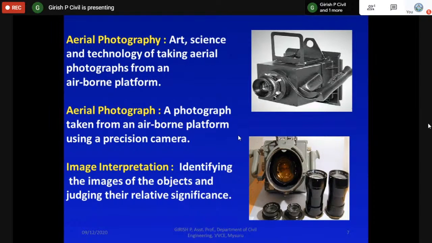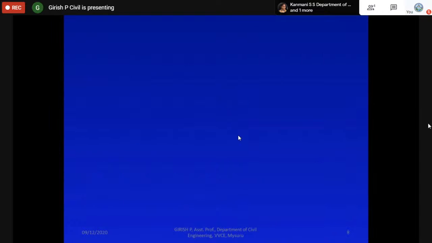Whatever data we collect by various precision cameras, image interpretation is most important. In image interpretation techniques, we identify the images of objects and judge their relative significance. Most of the time, judging significance depends upon the pattern of color, which mainly depends upon the electromagnetic spectrum or electromagnetic waves. Later on, we will come to the interpretation techniques.